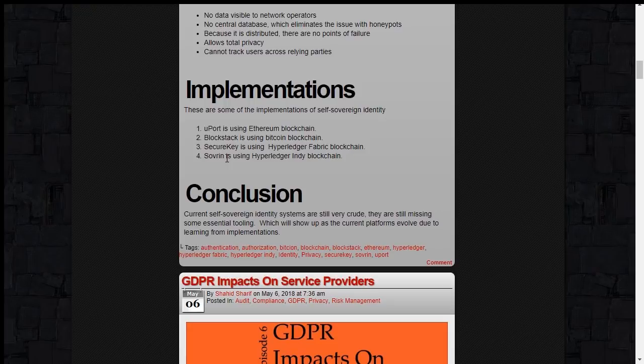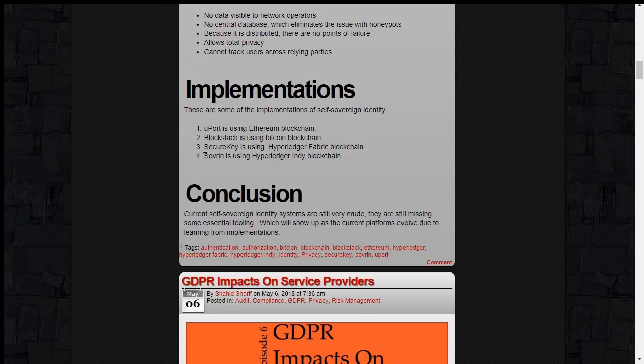Sovrin is again one of those organizations which is providing self-sovereign identity as well in the US. They are working, I think, closely with the Utah government, the state of Utah, for issuing their birth certificates.